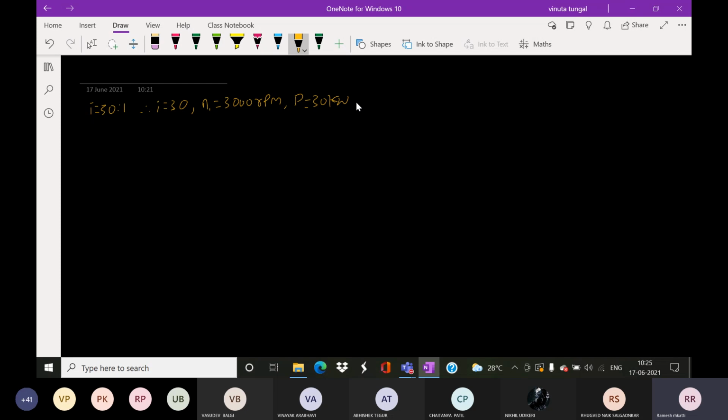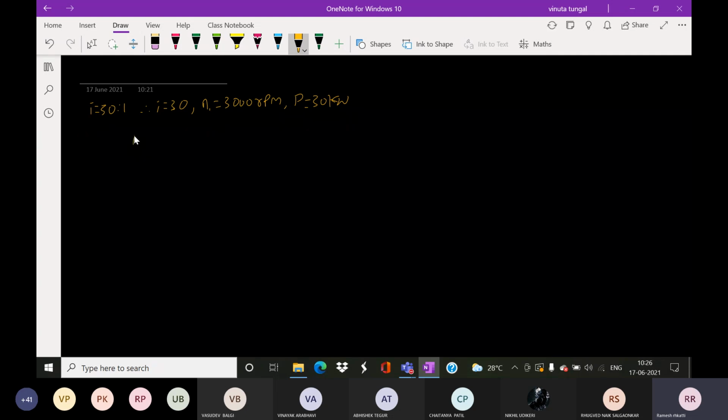These are the given data. i is the speed reduction ratio, N1 is 3000, and P is equal to 30 kilowatt. You need to first find N2, because i is given.